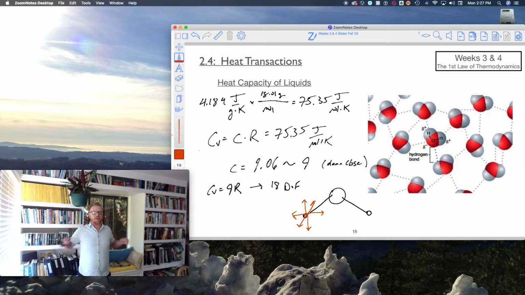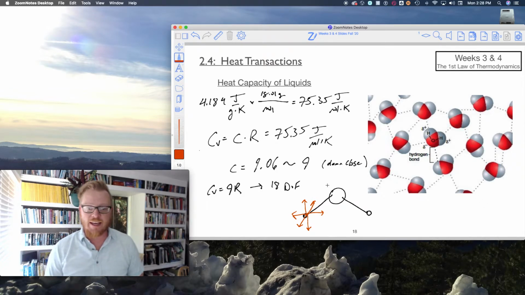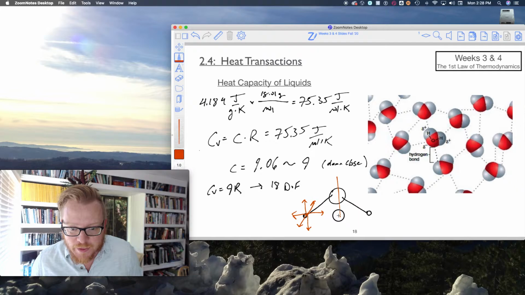We know water can vibrate like this symmetrically. We also know it can vibrate like this asymmetrically. We know it can undergo the rocking motion or the bending motion, okay? So all of those give us this three-dimensional coordinate system on each one of these atoms.